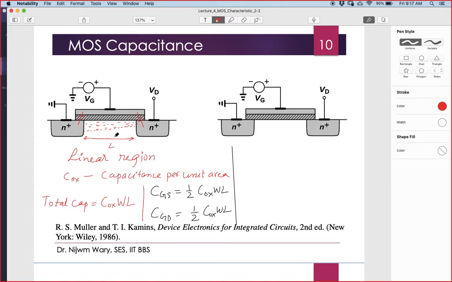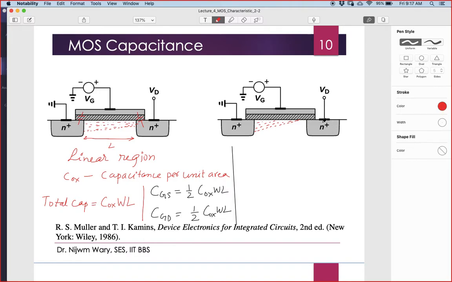I'm just explaining how this is. Now whenever a pinch off happens, the channel is not attached to the drain anymore.